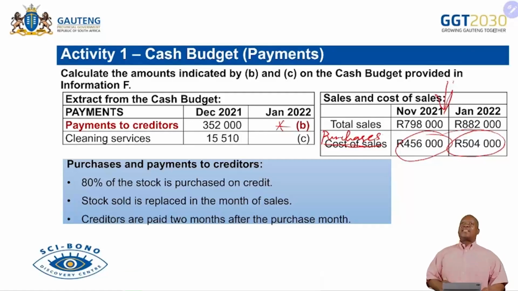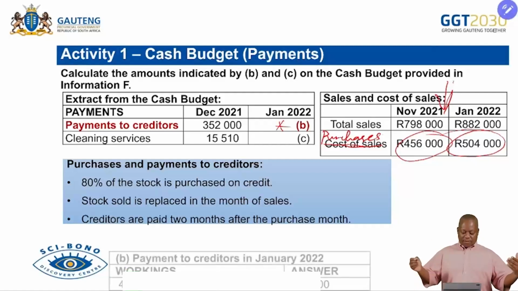The purchases for December are not here. We don't need them. We need the purchases for November because whatever was purchased in November is being paid in January. Great. Is there any discount involved? No. So if we find the credit purchases for the month of November, we know that is the amount that we are paying in January.